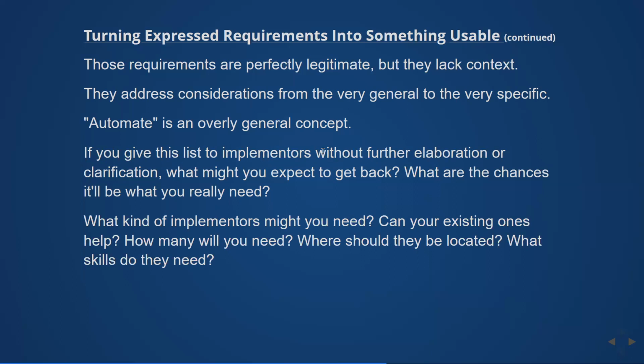So you already have IT support. Can they fill in the holes? How many different implementers might you need? I mean, it would be great if one group could do everything for you and do the whole thing. And where should they be located?